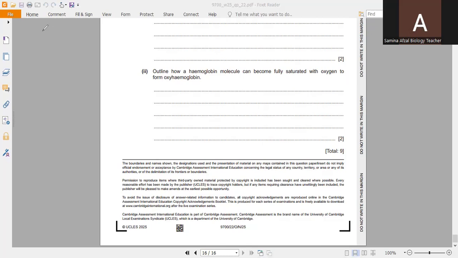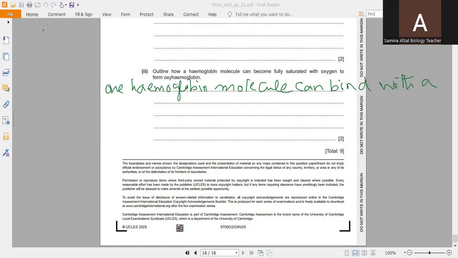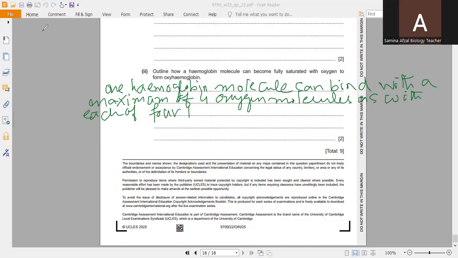Let me write the answer right now. One hemoglobin molecule can bind with a maximum of 4 oxygen molecules, as it has 4 chains, with each of 4 heme groups.